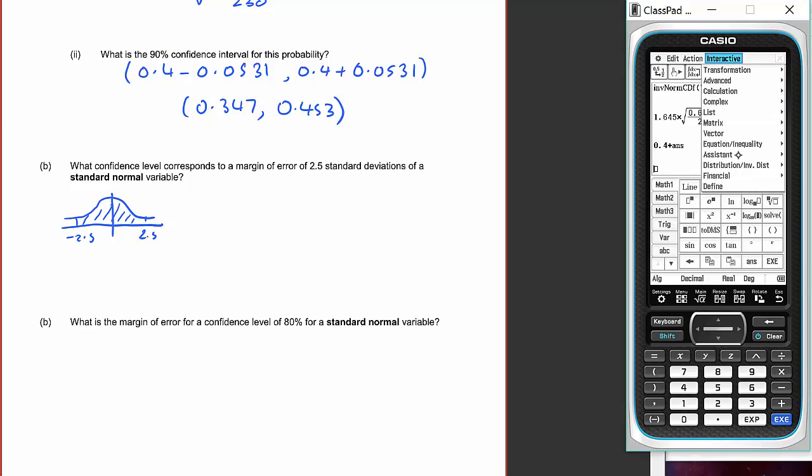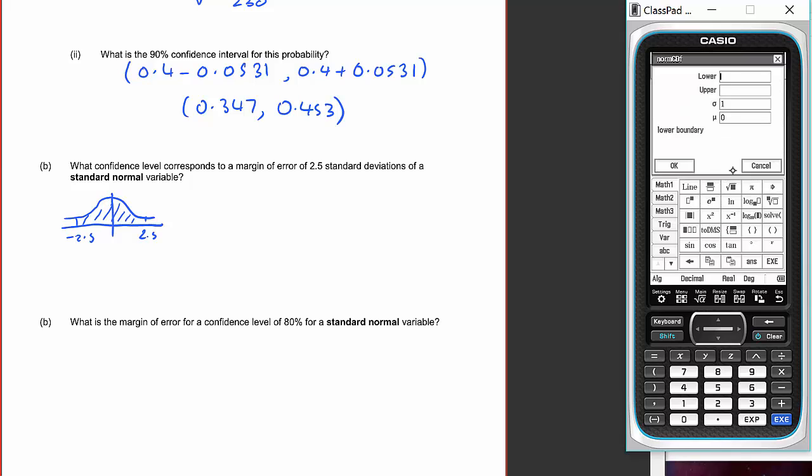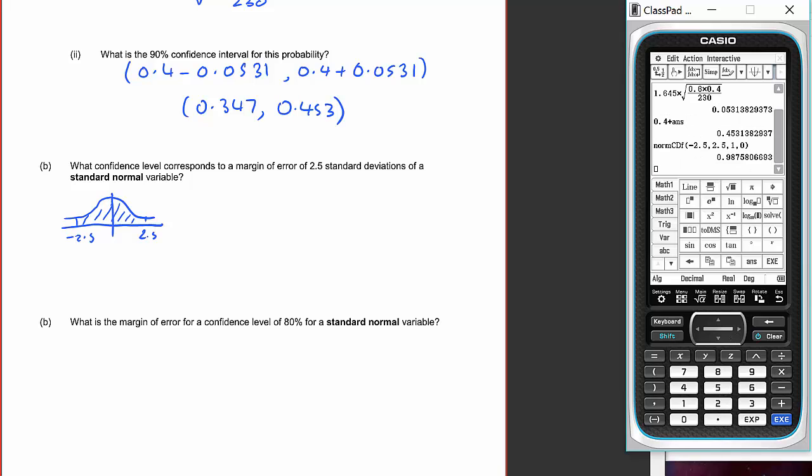So continuous distribution, normal CDF, going from negative 2.5 up to 2.5, and that gives me 0.9875. So let's call that 98.8%.